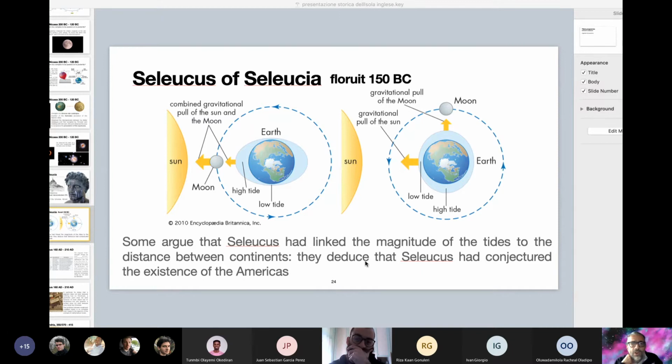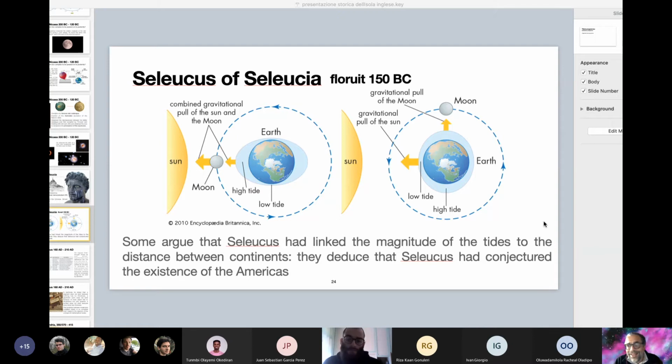I have found some scholars who claim that Seleucus had linked the magnitude of the tides to the distance between continents. By the way, it is sure that Seleucus knew that the tides on the Pacific coast of Africa are bigger than the tides on the Atlantic coast of Africa.